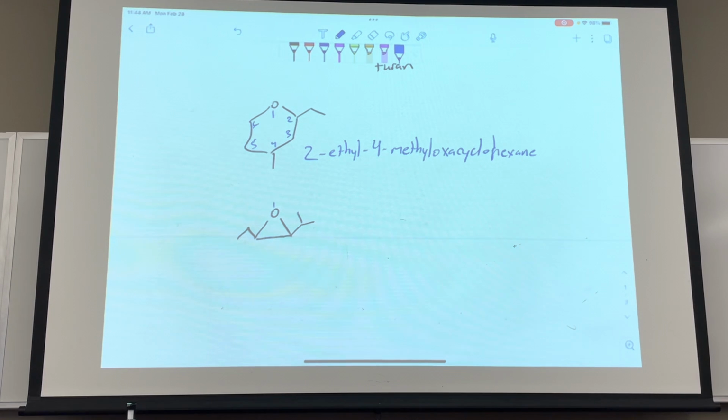So we have to go to the alphabet. In this case, ethyl comes before isopropyl, so we number around this way. Following the normal rules, we say 2-ethyl, 3-isopropyl, oxycyclopropane.